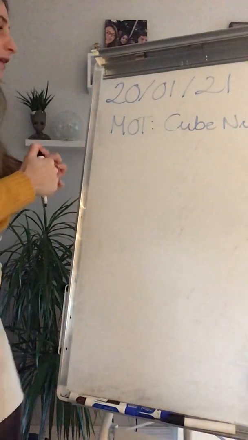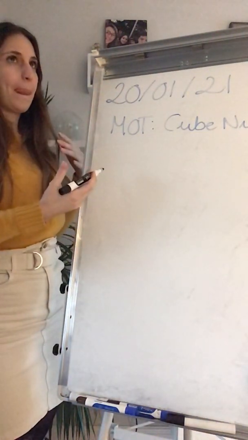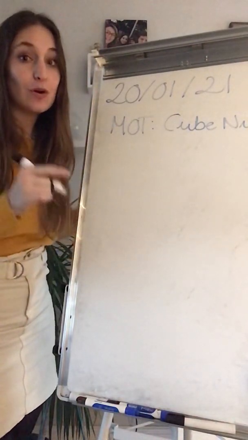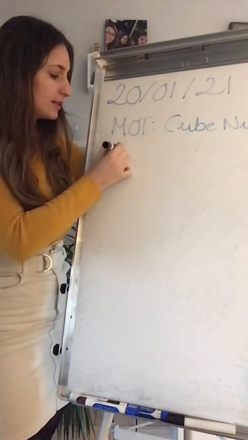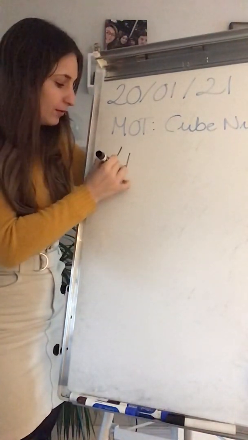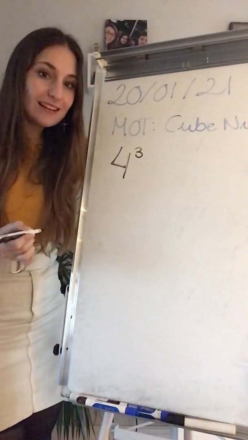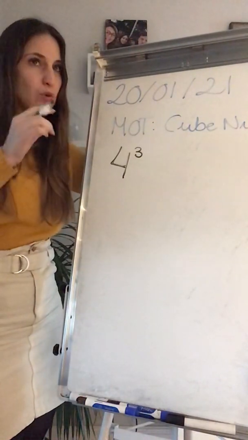So, we are going to start with how it looks. It does look like a cube, I promise. That's why it's called a cube number. So you will find cube numbers, for example, with a 4 and then a 3 at the top, on the corner, a small 3.